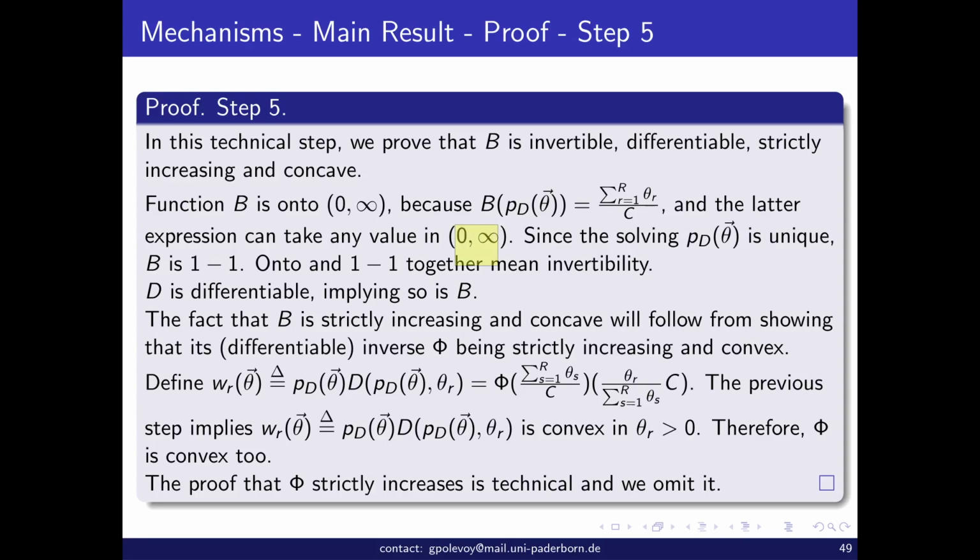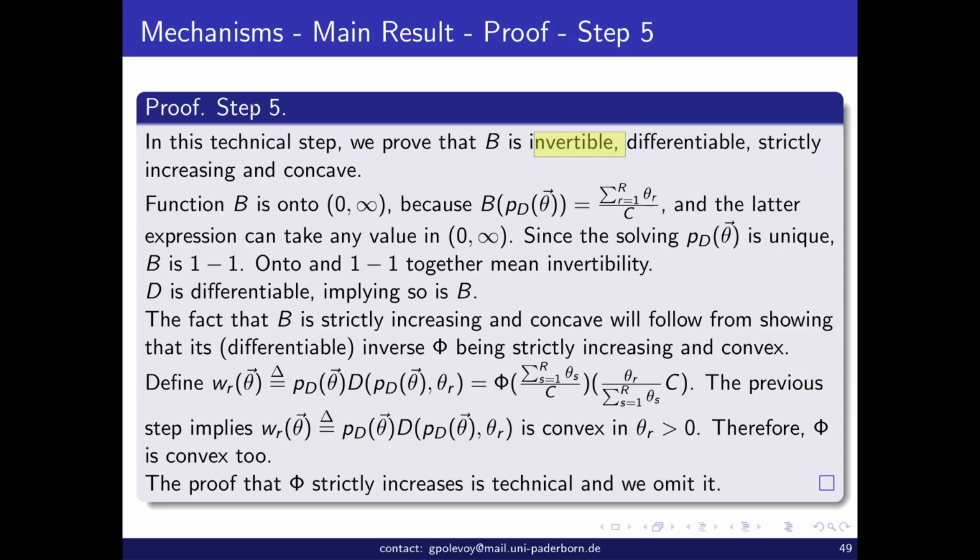Now, since it's onto, and since the solvent price is unique, it's also one-to-one. Being one-to-one and onto, in other words a bijection, is exactly the same as saying it's invertible. The second property, we have shown it's invertible. It's differentiable because this is differentiable.